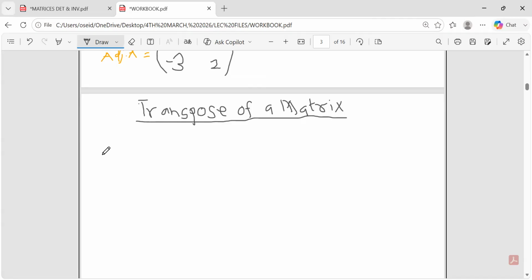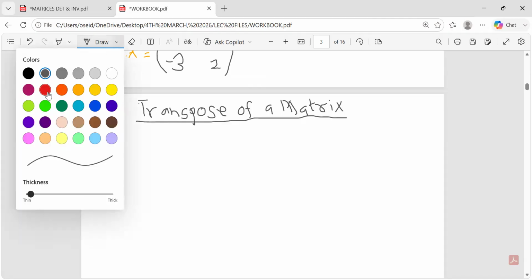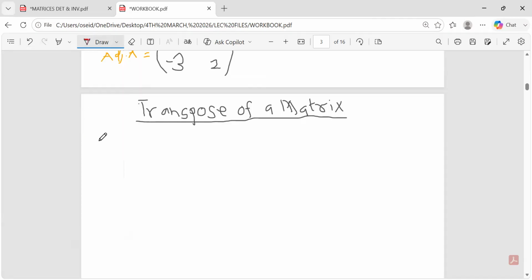All right. So assuming that we have matrix A, which equals A, B, C on the first row, D, E, F on the second row, and M, N, and P on the third row.